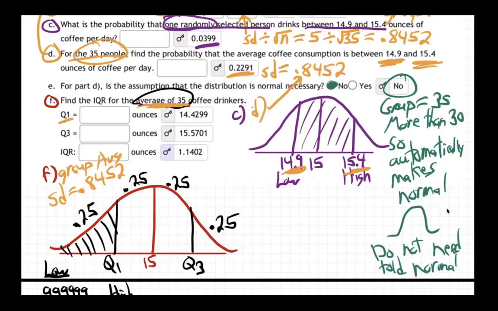Meaning the bottom 25%. I'm going to find Q3 at the same time, which is just the 0.75, same thing.